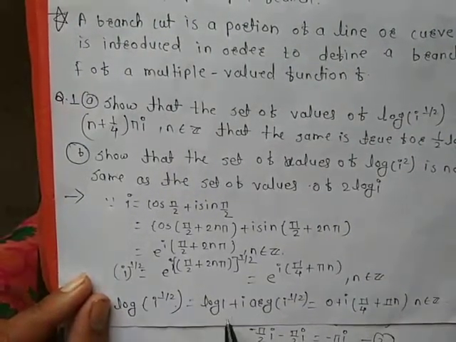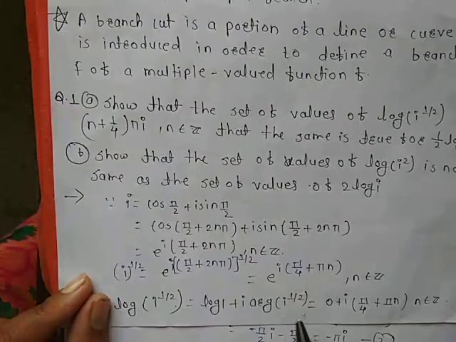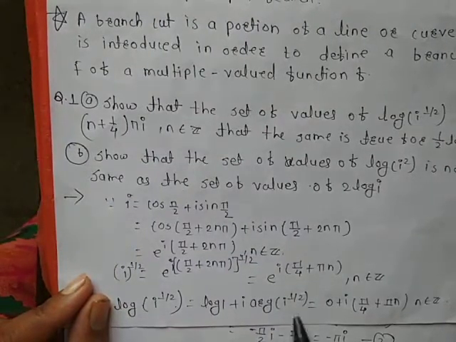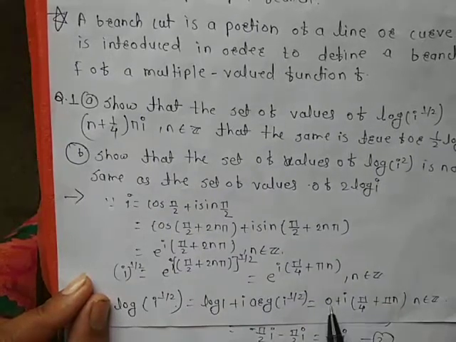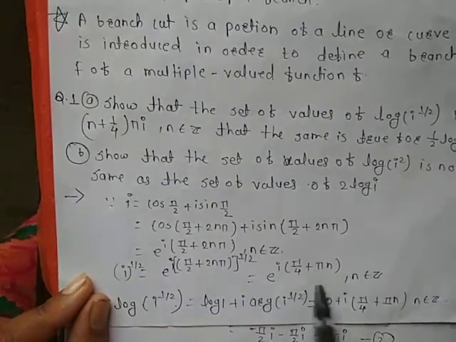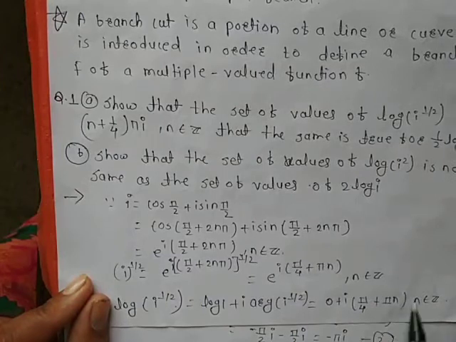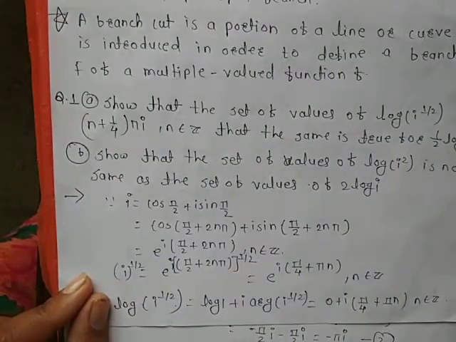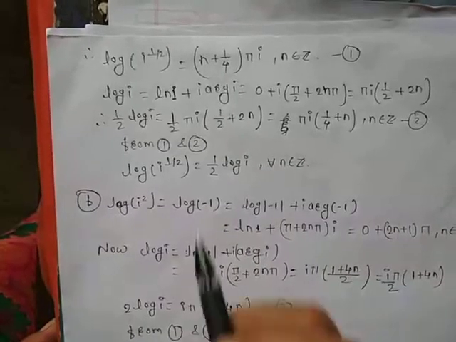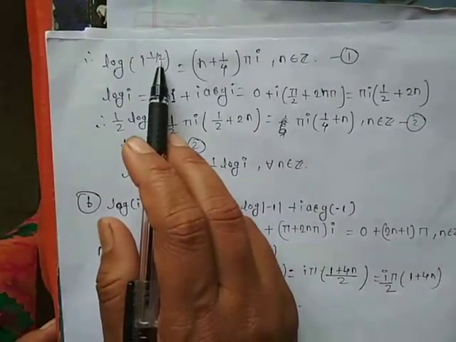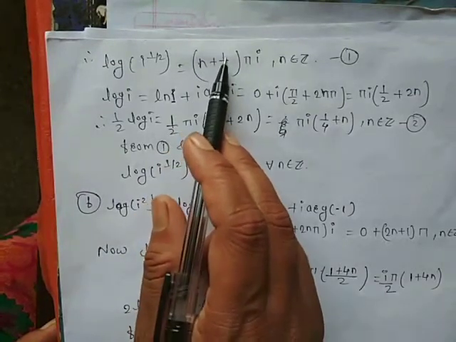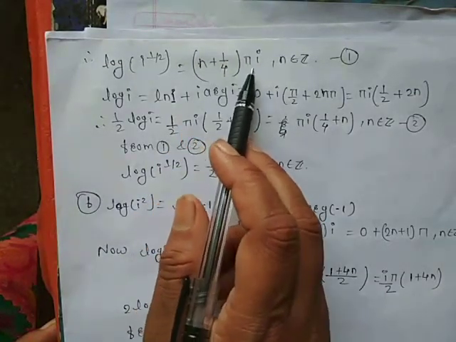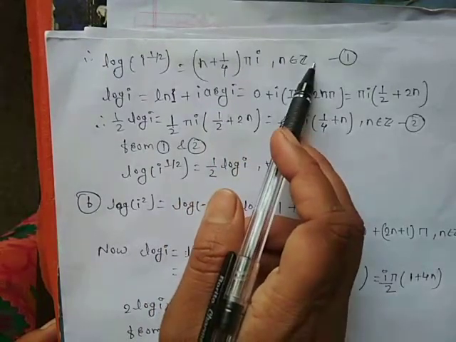The modulus of this z is 1, plus i into argument of i raised to 1 by 2. ln 1 is 0, plus the argument, which is pi by 4 plus pi n, n belongs to Z. Therefore log of i raised to 1 by 2 is equal to (n plus 1 by 4) into pi i, n belongs to Z.